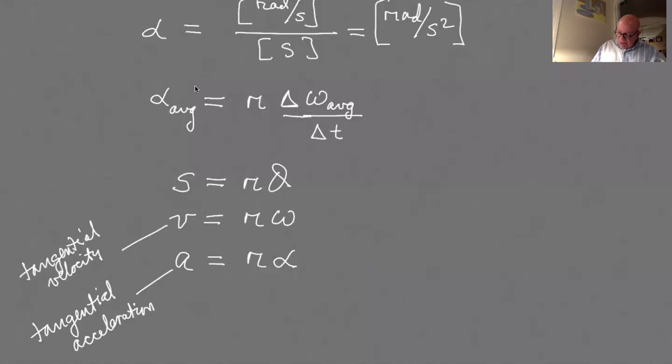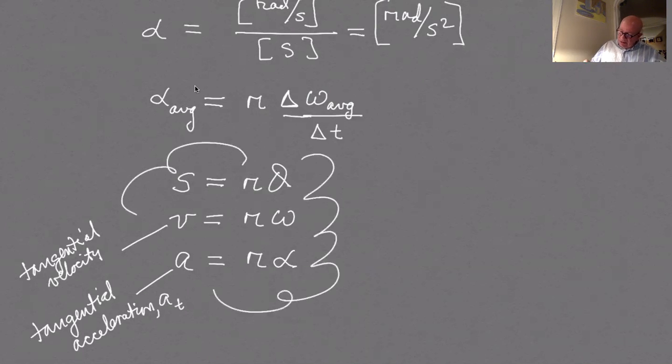And sometimes some books will actually write this as a T to make sure that you know that it's the tangential acceleration. Okay, so this is a good place to stop this module, and then we'll pick it up next time and develop the kinematic equations for an object in rotational motion.